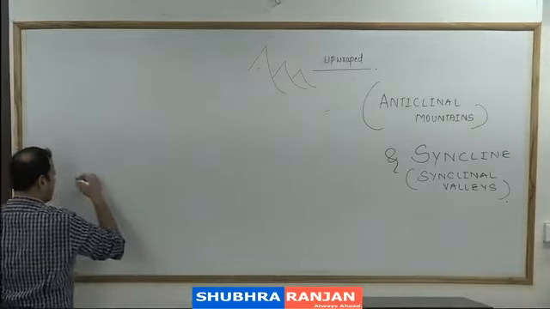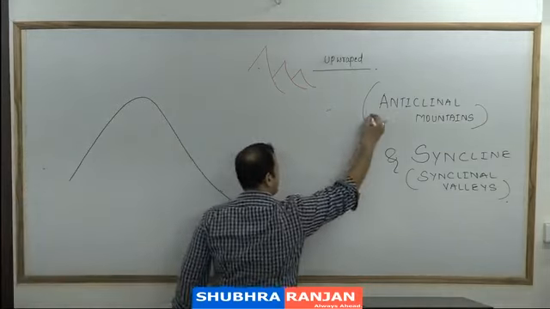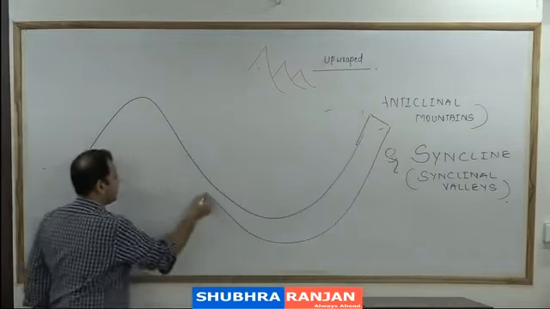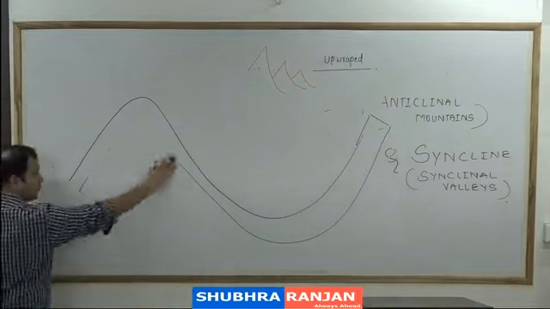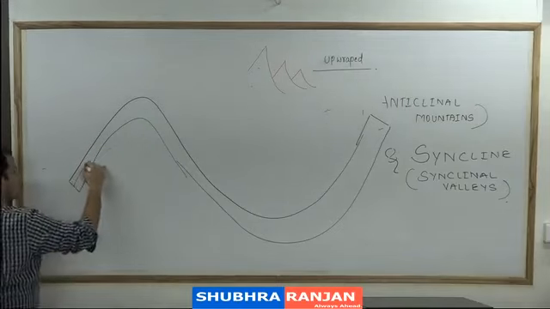Now sometimes if this is one single anticline and if this is one single syncline, we'll see the photos, rocks properly दिखते हैं ऐसे, that they have gone through the folding.